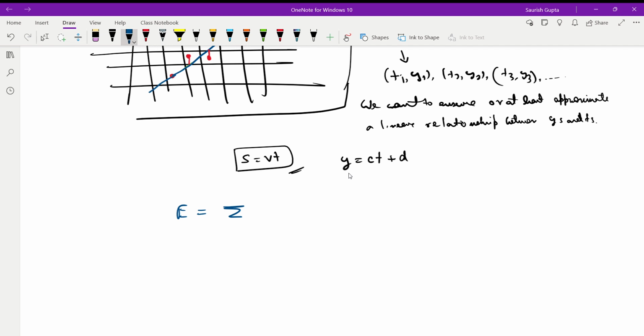So I can write it as simply yi minus cti minus d. Okay, these are distances of the points ti, yi from the line y equals ct plus d. I be some indexing. So let's say we are talking about some m coordinates.